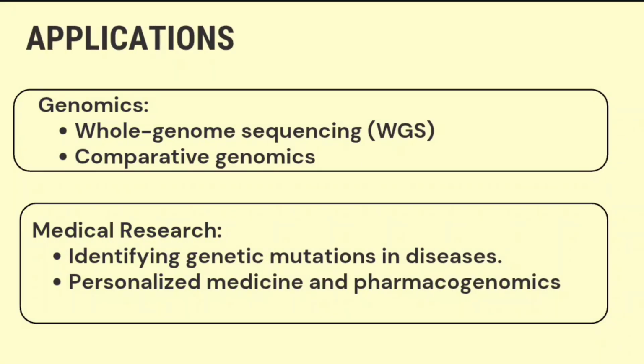DNA sequencing has many applications. For example, in genomics, we can do whole genome sequencing or comparative genomics. In medical research, it can help to identify genetic mutations in disease. It can personalize medicine, or it can help in the research of pharmacogenomics.